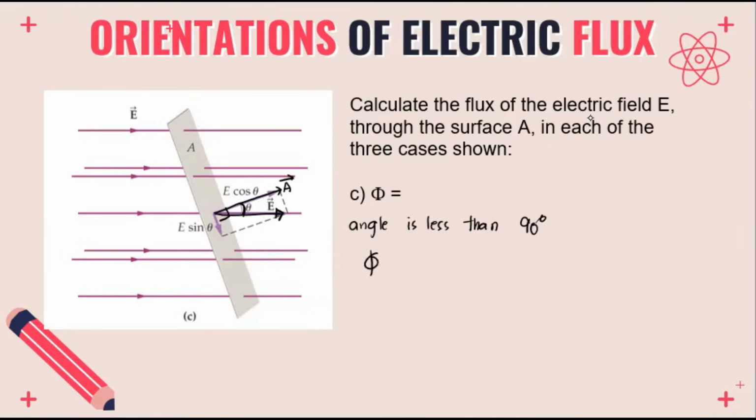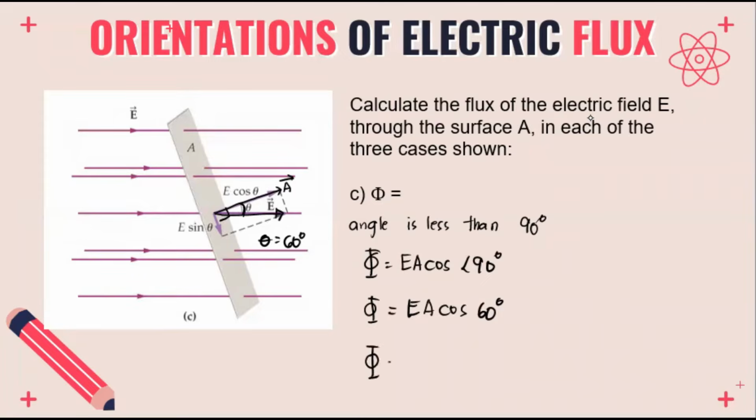So kung i-compute natin based from our equation, EA cosine less than 90 degrees, it would have a value somewhere in the middle. For example, kung ang value ng ating theta here is 60 degrees, EA cosine 60, and cosine 60 is 1/2.